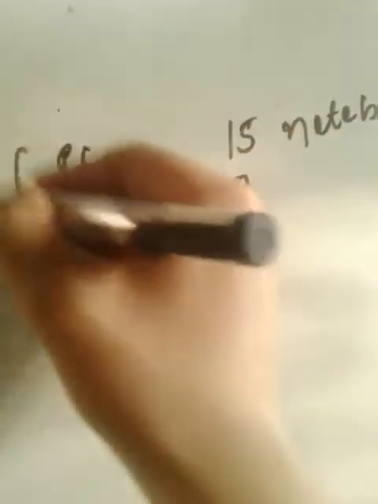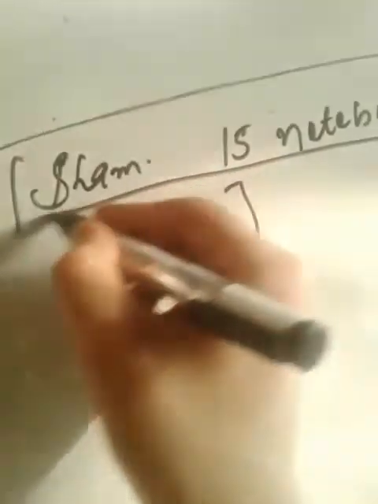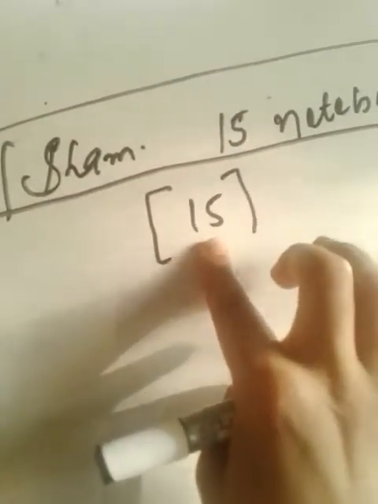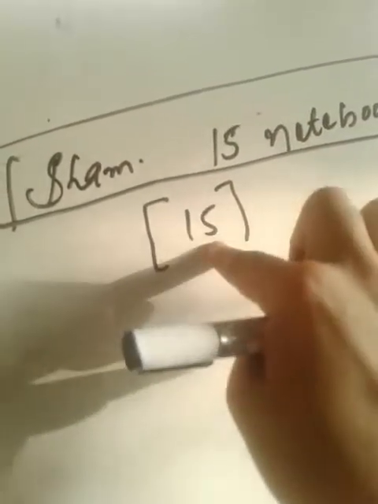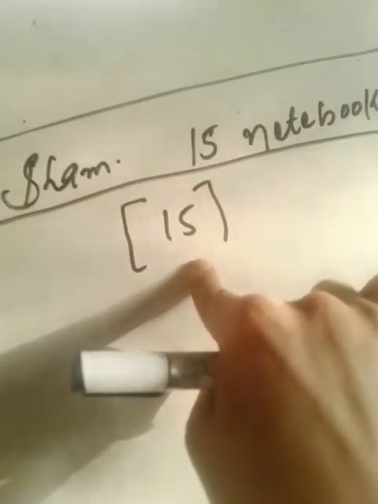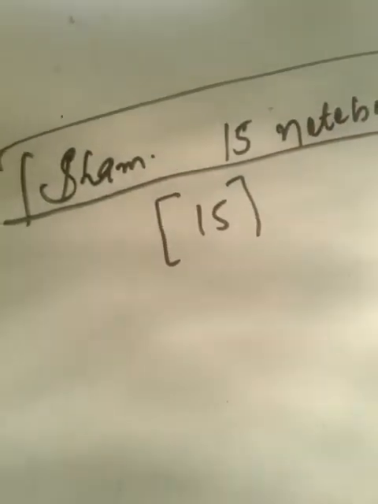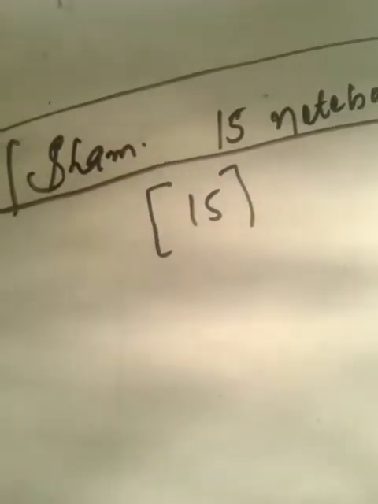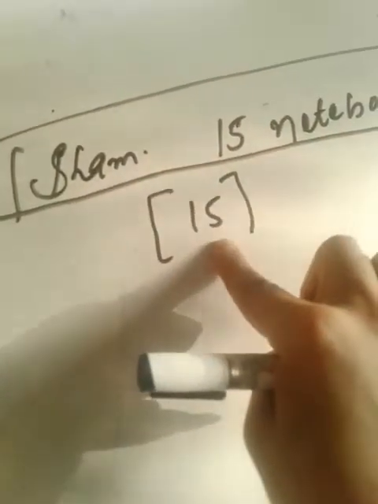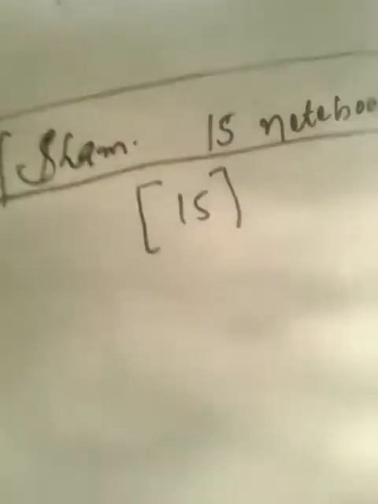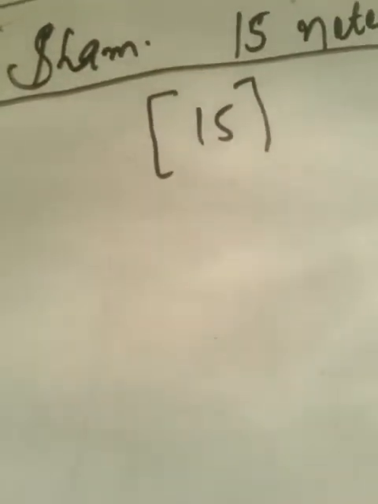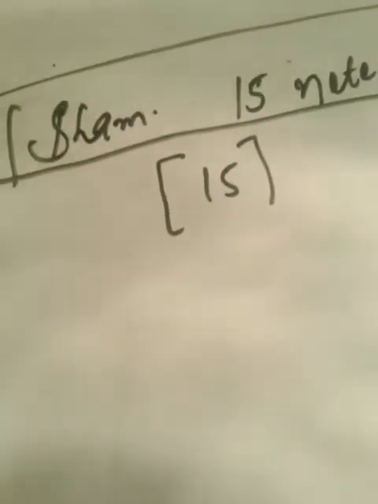So precisely, this information, Sham has 15 notebooks, we keep in brackets and write it. Suppose again that now Sham has 15 notebooks and 6 pens.